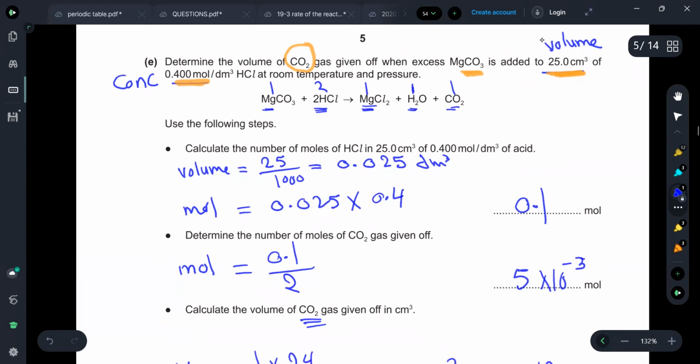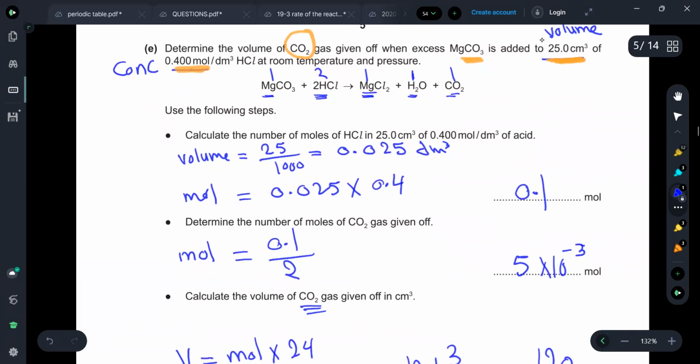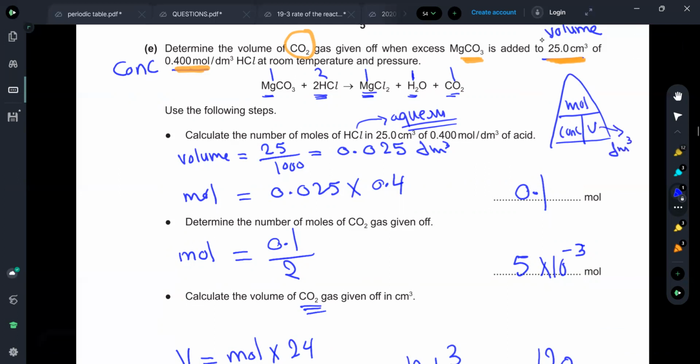Then calculate the number of moles of HCl. HCl is aqueous, so use the equation for liquids: moles equals concentration times volume, and volume must be in dm3. So first convert to dm3 by dividing by 1000, and then calculate the number of moles: concentration times volume.